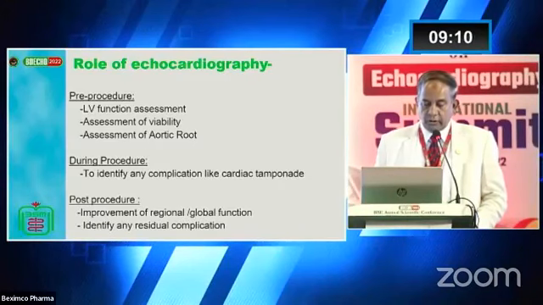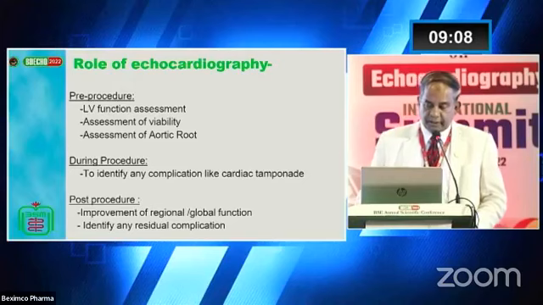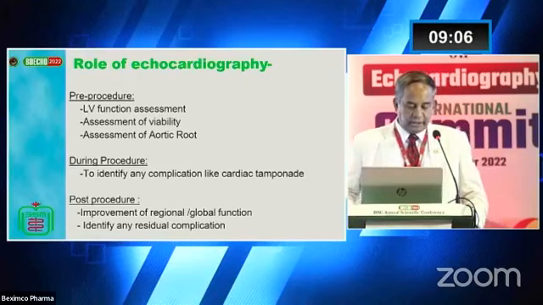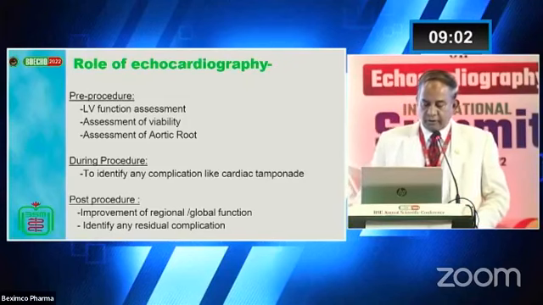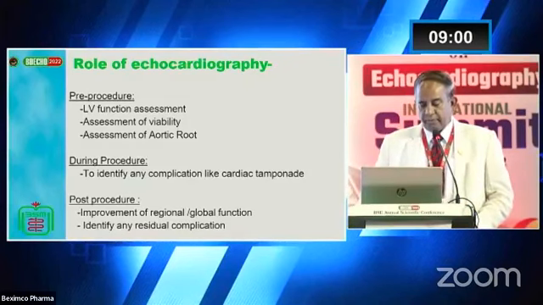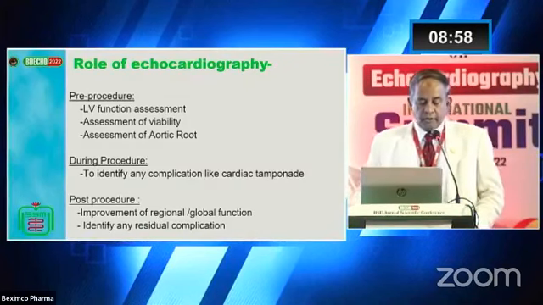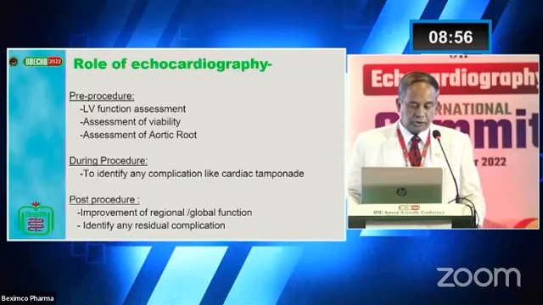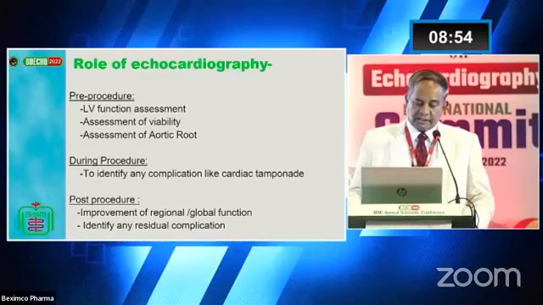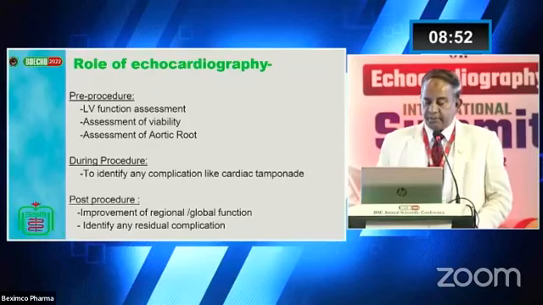If we consider echocardiography in ischemic heart disease, as our honorable speaker Anuruddha Das already said, there is great importance for intervention. We have to consider the pre-procedural aspects: LV function assessment, assessment of viability, assessment of the aortic root, and presence of calcification.